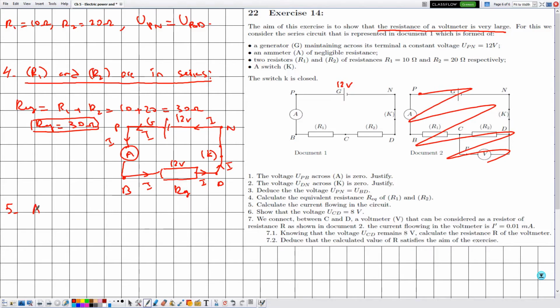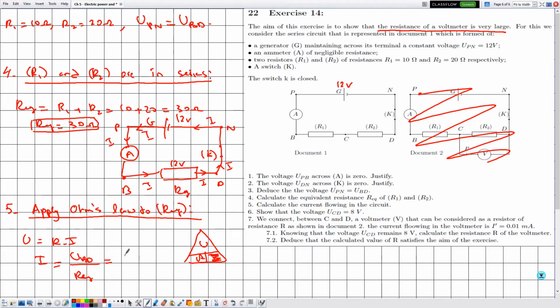In this case, apply Ohm's law to R equivalent, which is given by U is equal to R multiplied by I. Constructing the triangle of this formula, U at the top, R and I at the bottom, we are interested in determining the value of I, which is equal to UBD divided by R equivalent.